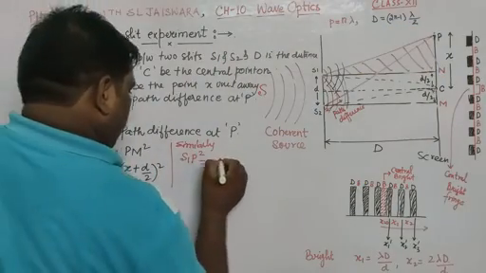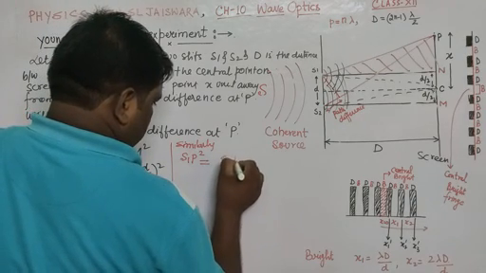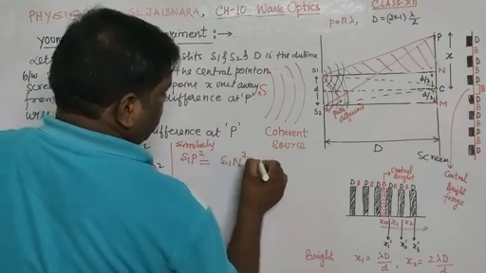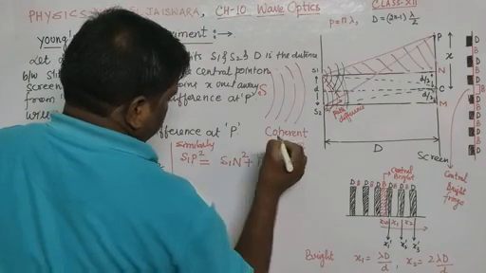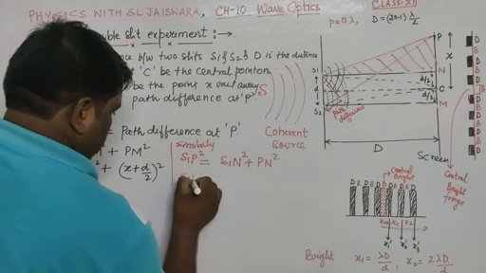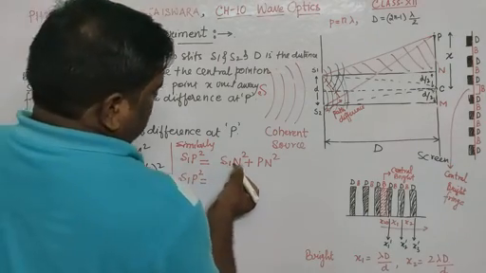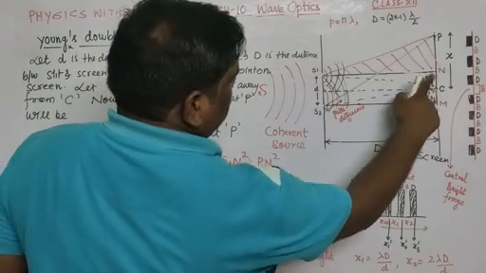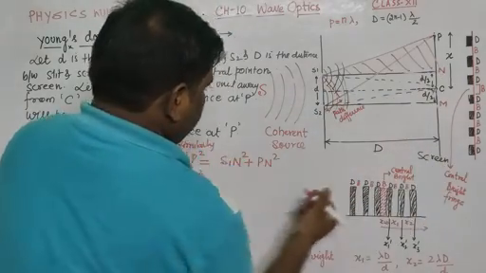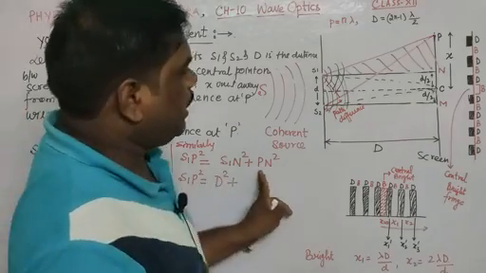Let us write down S1N square plus PN square and substitute the values. S1P square will be equal to S1N square, where S1N is again capital D, so square on capital D, plus PN.